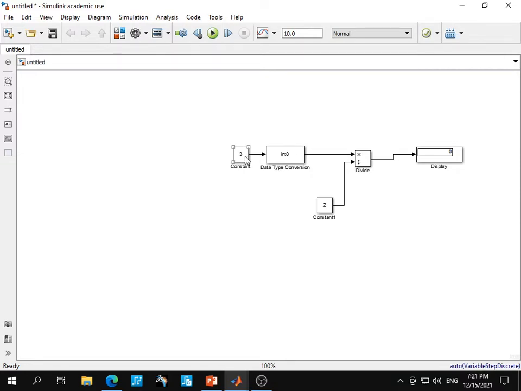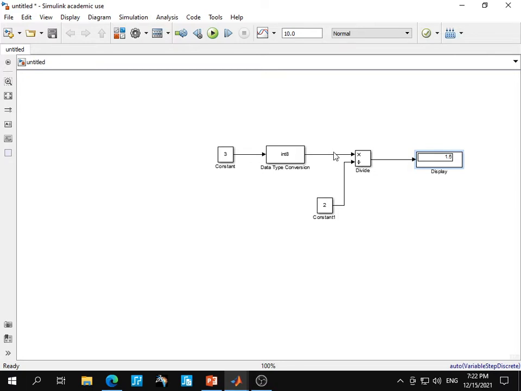So in memory storage, it will be 3.00000. But now I convert it to integer, so it will be only stored as 3. But now I divide it by 2, which comes out should be 1.5. So it automatically changes back to double.